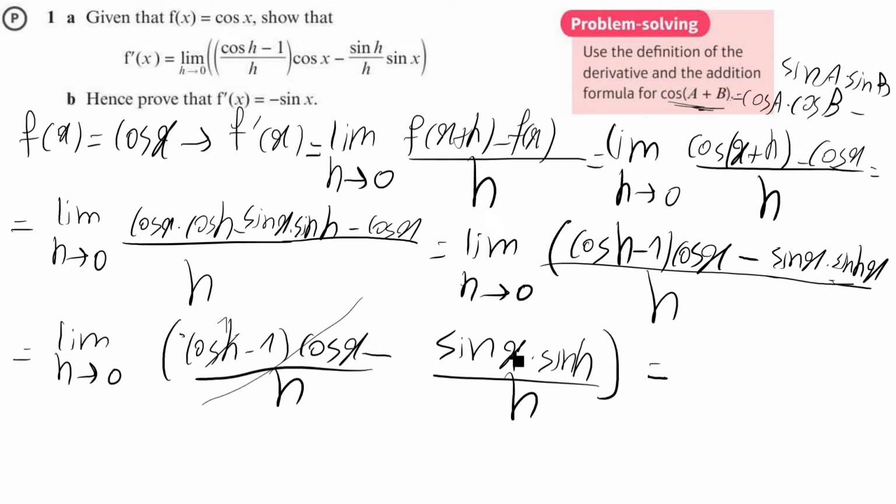And here, the thing we need to consider is using the small angle approximation. By doing that, we will find that sine h will be h according to the small angle approximation rule, because sine x equals x when x is small. And we can simplify this, and what remains is just minus sine x.